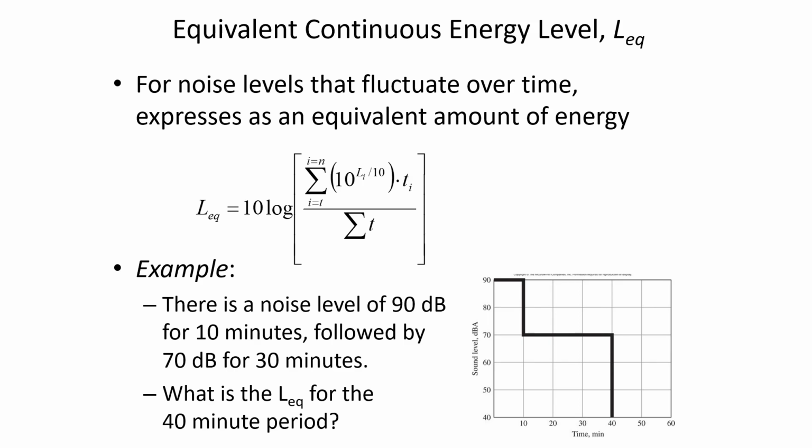So if you've got your calculator, hopefully you do, we just had a quiz. Let's calculate what the equivalent continuous energy level is here. So 10 to the 9th power, 10 to the 7th.